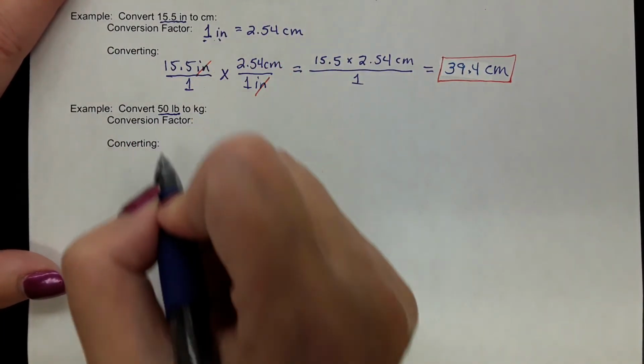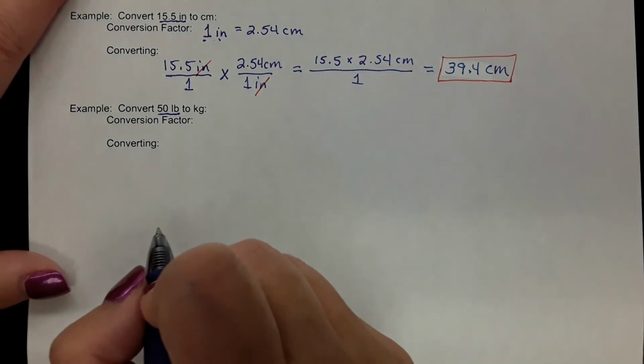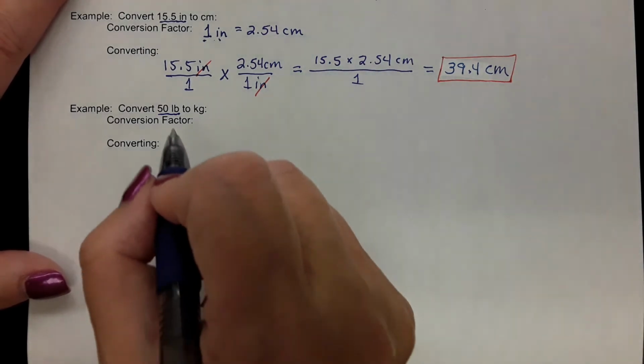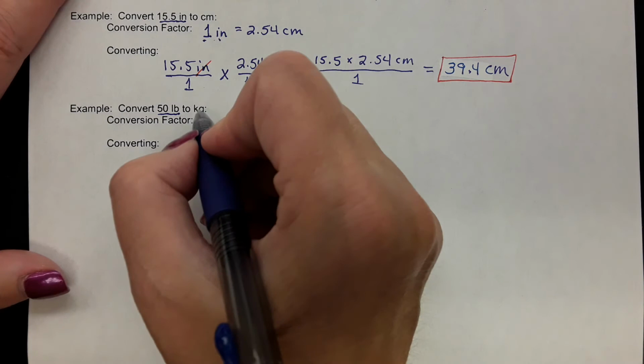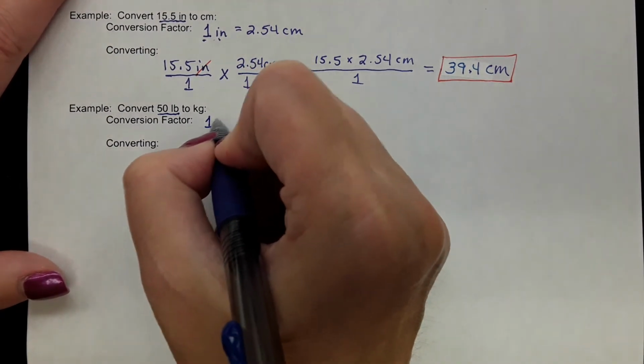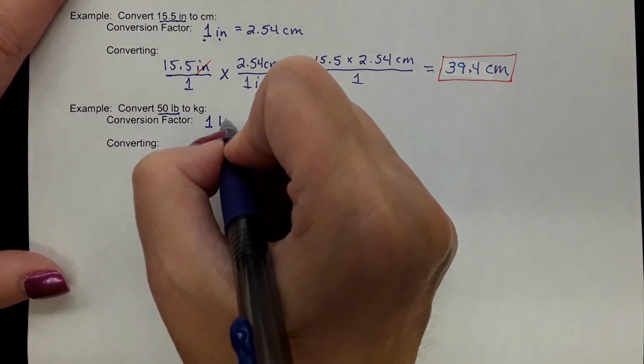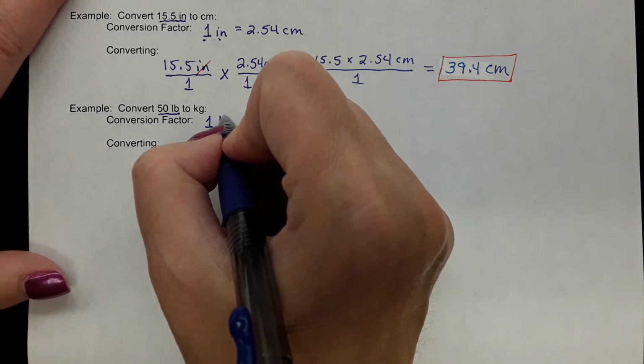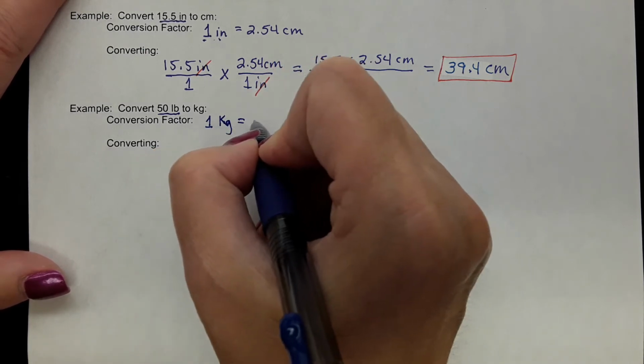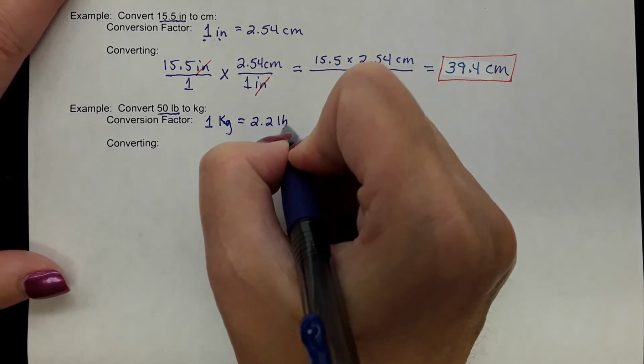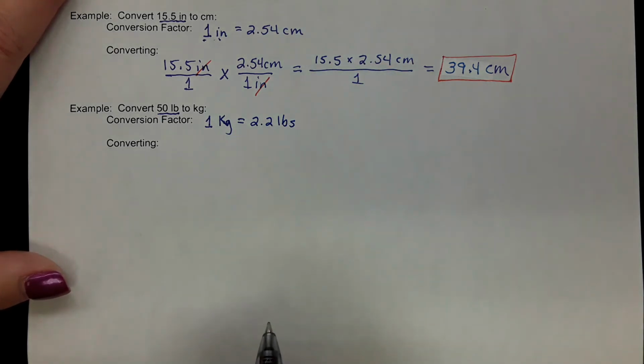If we look at 50 pounds and we want to convert to kilograms, well, how are pounds related to kilograms? Well, here it is. The conversion factor is 1 pound. I take that back. 1 kilogram, there we go, equals 2.2 pounds. There you go. All right? 1 kilogram equals 2.2 pounds.